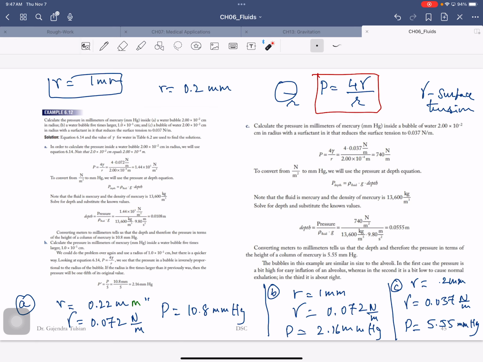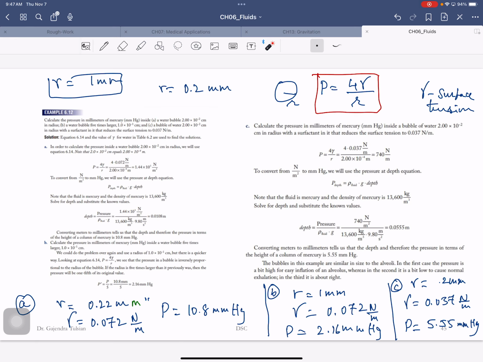If the alveoli size was 1 millimeter, 5 times greater, the surface tension was the same, the pressure has dropped to 2 millimeters of mercury. You need high pressure to expel air from your lungs. In an emphysema patient, when the alveoli coalesce and become bigger, now they have trouble breathing out. We'll come to that in a second. So that's what this problem is about.